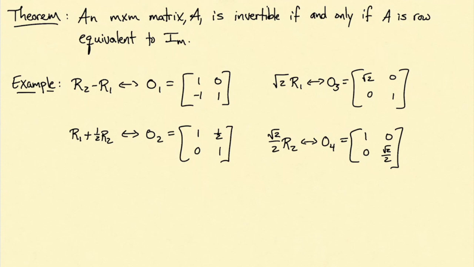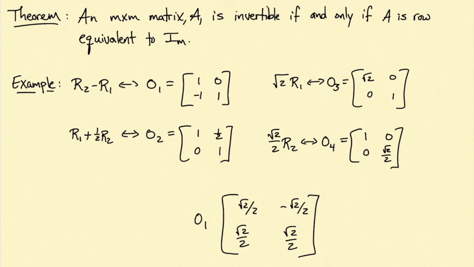Now, if we think about this as an encoding by multiplication on the left, then we can think about our original matrix A, which was root 2 over 2, root 2 over 2, minus root 2 over 2, root 2 over 2. Our first row operation can be encoded by multiplying this matrix by O1. Our next row operation is encoded by multiplying the result by O2.